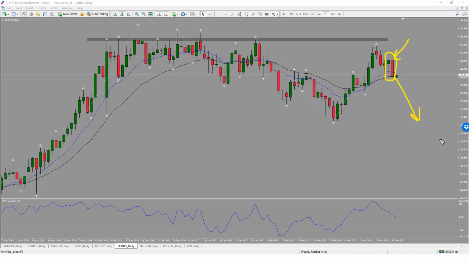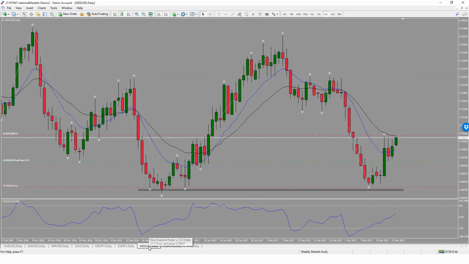It is an engulfing candle, but the trend is still up, so you can't look for a sell, and you're not at a resistance point or anything like that, so there's no reason to sell. The candle itself, yes, it is a bear engulfing candle, but it's not a trade, is what I'm trying to say. Hopefully that makes sense to you. All right, so let's see what happens tomorrow.